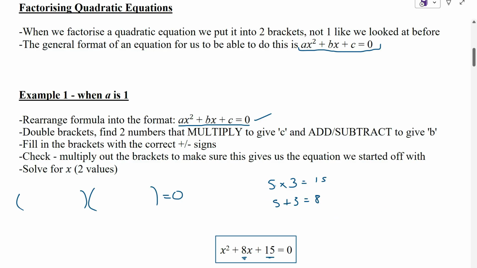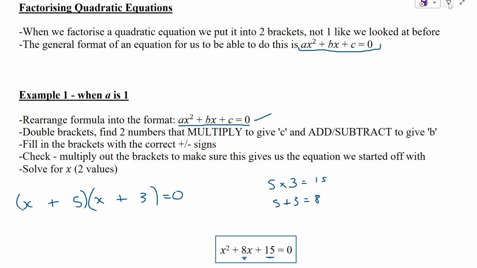So now we're going to use these 2 numbers to fill in our brackets. Now with these types of equations, we always have x at the beginning of the brackets, and we're going to have these 2 numbers at the end, so 5 and 3, and we need to add 5 and 3 together, so we're going to put a plus sign in both of them. So that's our factorizing done.